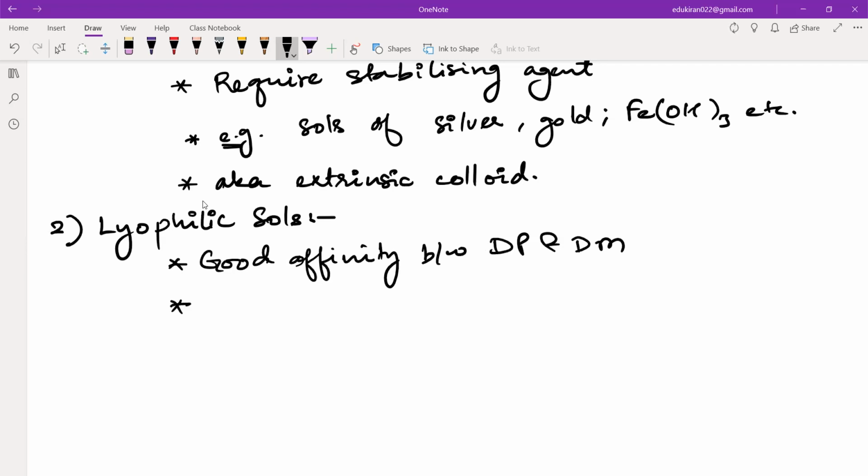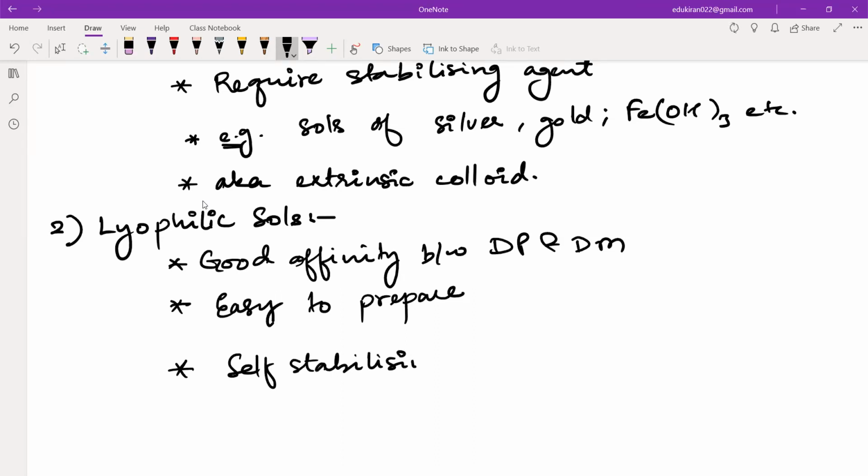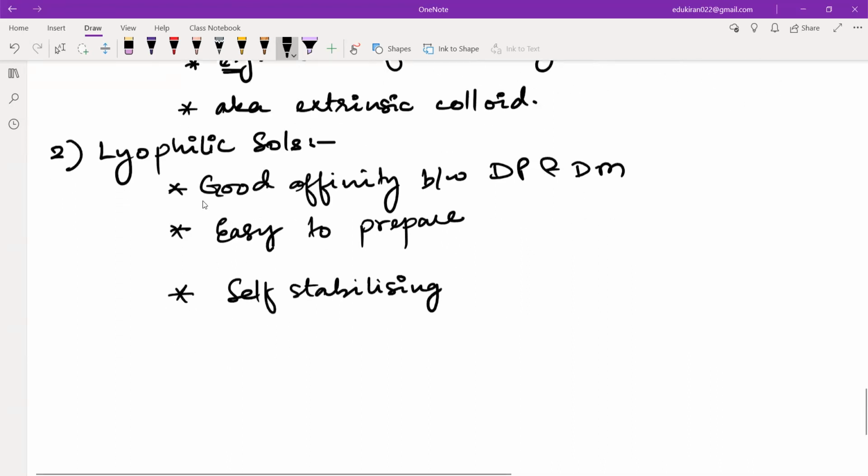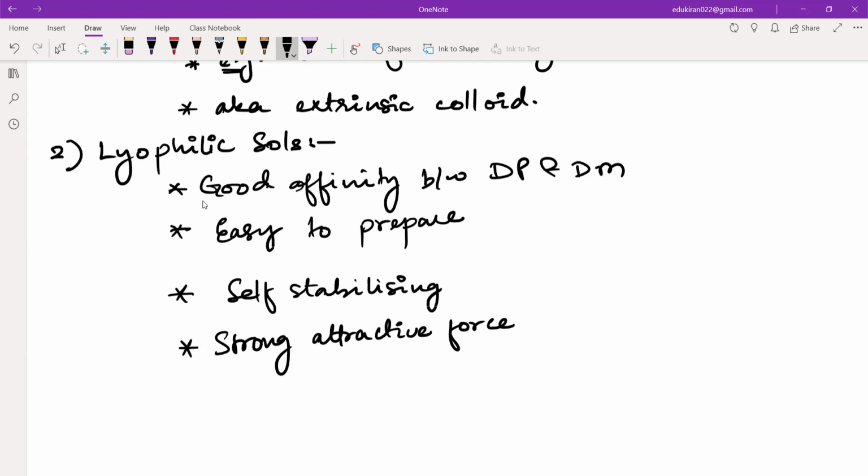They are easy to prepare and self-stabilizing. There will be a strong attractive force between DP and DM.